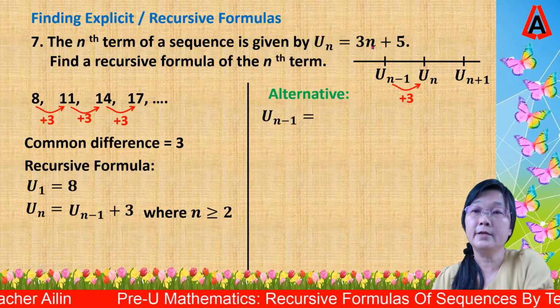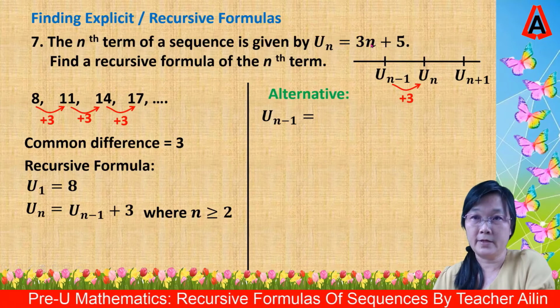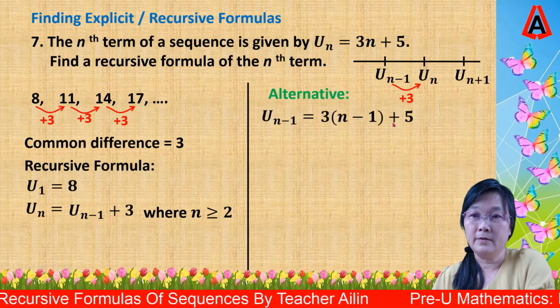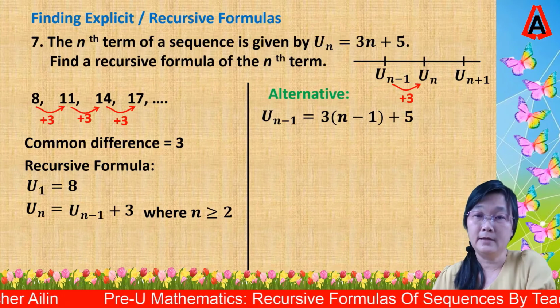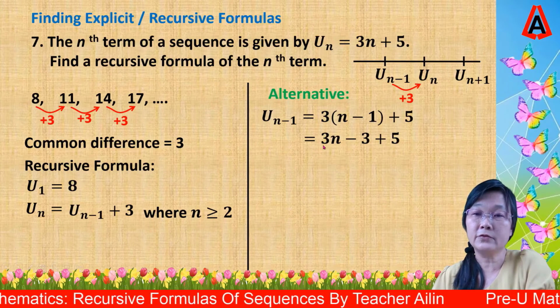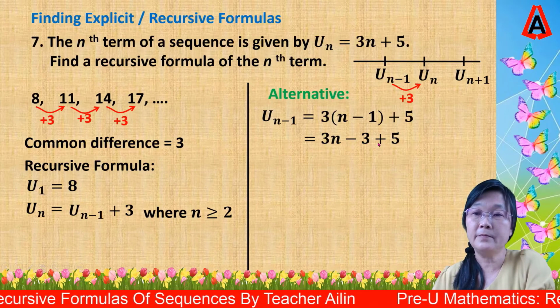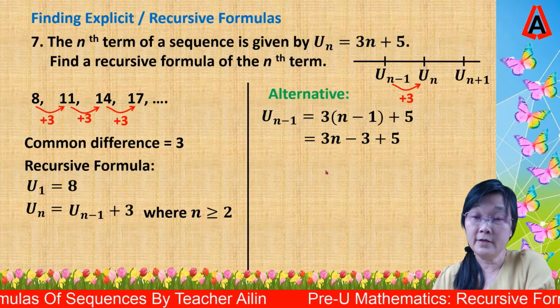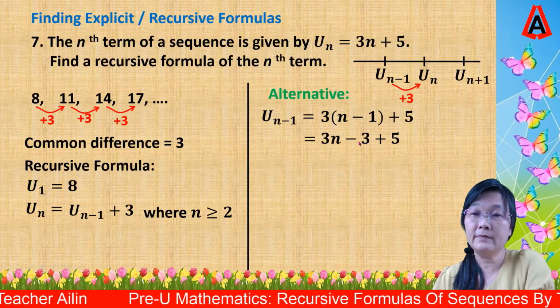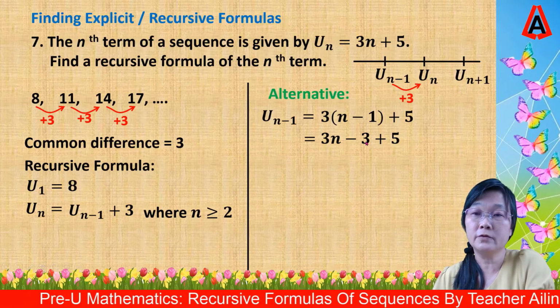So 3n plus 5 becomes 3(n minus 1) plus 5. Then we expand, and we get 3n minus 3 plus 5. In the following step, please do not simplify negative 3 plus 5 to become 2.